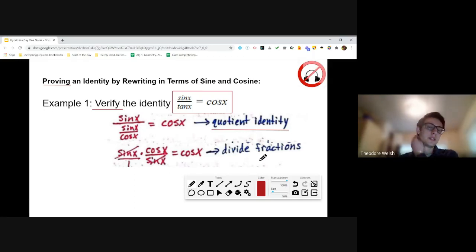So when we're listing this explanation, it doesn't require an identity or anything. You just need to say what's happening. I'm not going to be particular on what you show me here. You just need to tell me what you're doing. So I'm dividing fractions, or you could say multiply by the reciprocal. Anything just to give me a quick little explanation on what you're doing.